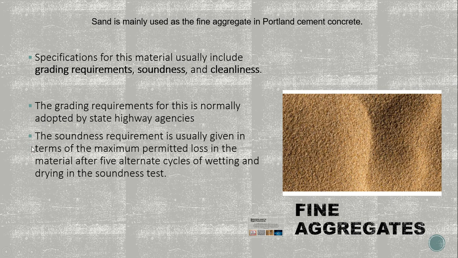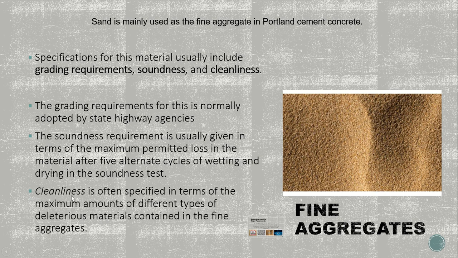The soundness requirement is usually given in terms of the maximum permitted loss in the material after 5 alternate cycles of wetting and drying in the soundness test. And cleanliness is often specified in terms of the maximum amounts of different types of deleterious materials contained in fine aggregates.